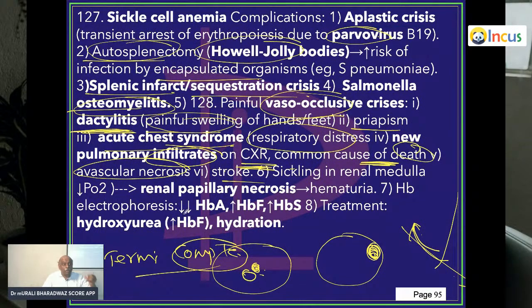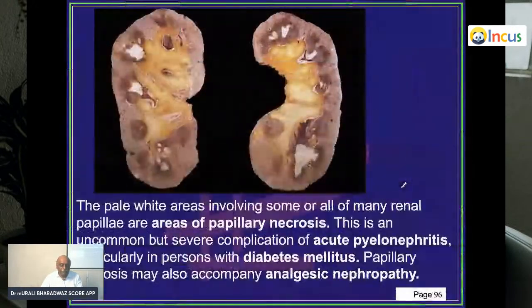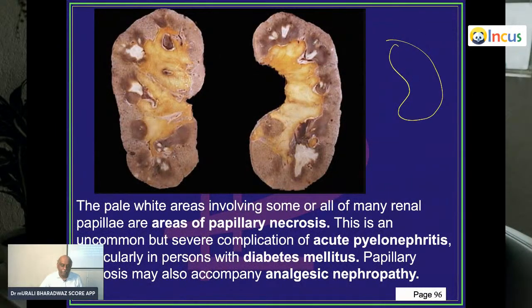And it can involve the kidney. So in the kidney, what are the two components of the kidney, doctor? Kidney has a cortex, kidney has a medulla. Typically the blood flows very sluggishly in the medulla.